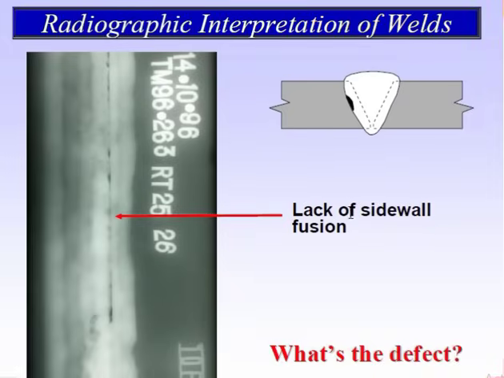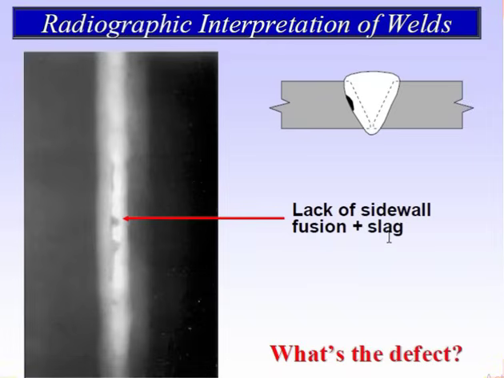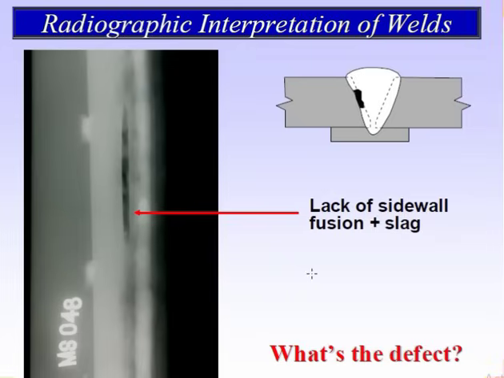You see here, lack of sidewall fusion. I already told you this is only lack of sidewall fusion. But if it is lack of sidewall fusion plus slag, it should look like this image. Also this type of image you can see for lack of sidewall fusion plus slag. You can see fusion has not been done.